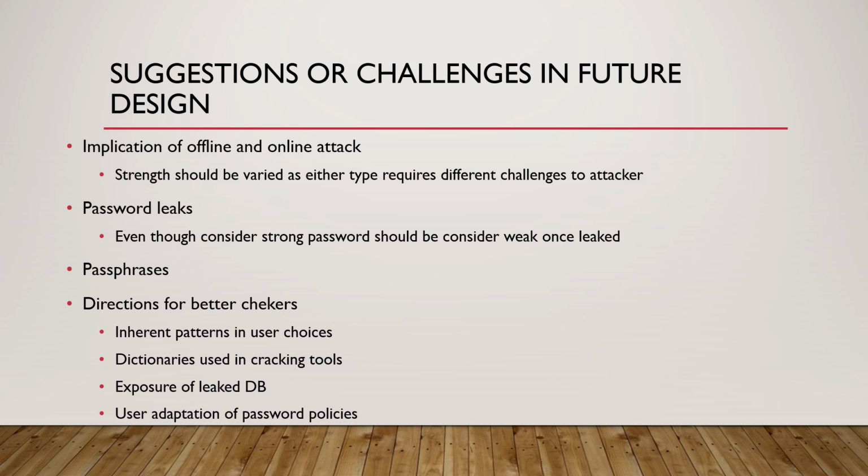Password leaks: even if a user uses an extremely strong password, if it leaks it is considered really weak, as it is available in various known dictionaries like John the Ripper, etc. Passphrases: users tend to remember passwords, so they tend to choose known information like their birth date, social security number, and such.